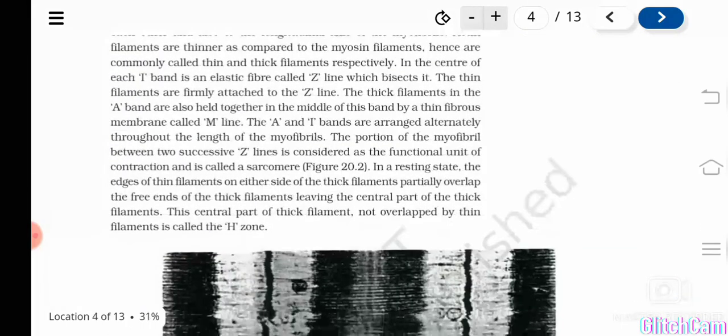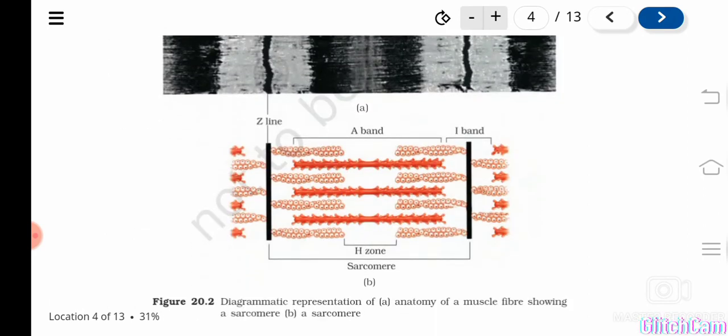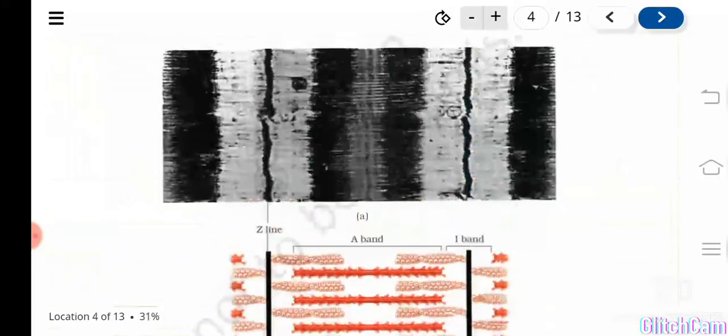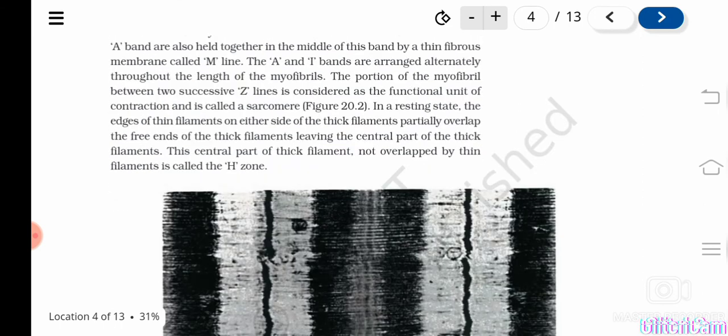We have learned that actin and myosin are arranged alternate to each other. That only we have seen in all these diagrams. Understood? And then I told you the I band has a center known as the Z line, and the A band has a central line known as the M line. Between two Z lines forms the unit of contraction, known as sarcomere.